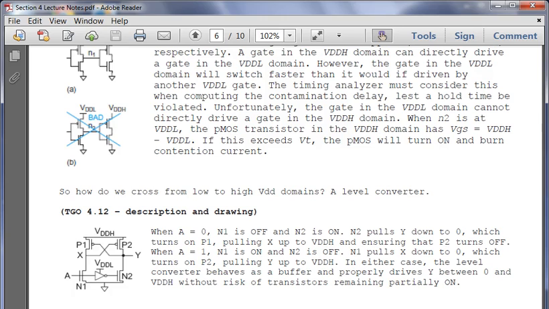So this guarantees, by using this difference between high output voltage and low output voltage, that you're able to use this as a proper buffer. Whatever the input is, you're still going to get the same value at the output, but it's going to match the domain that we drive. So we use these level converters in instances where a lower domain voltage has to drive a higher domain voltage.